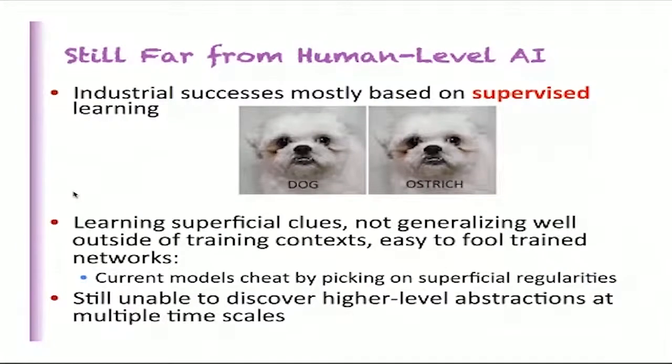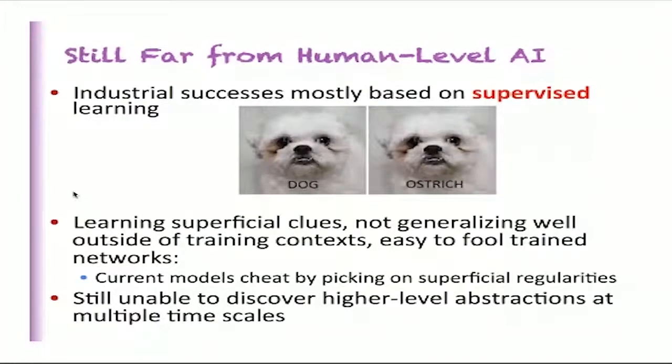We believe that there are some limitations to the kinds of learning we're doing now that humans are able to deal with. One way to see some of these limitations is to consider ways in which the current systems make mistakes. They tend to not generalize that well outside of the training context, and they can be fooled.